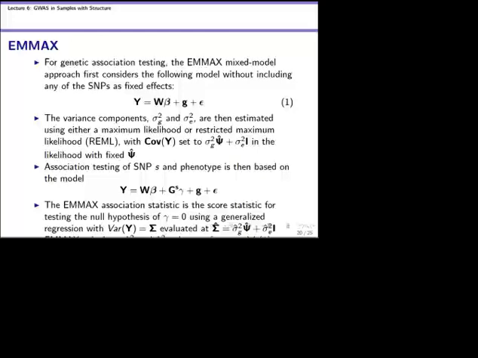So interpret this. So sigma squared G, starting from that, right, over the variance of Y. What is that?